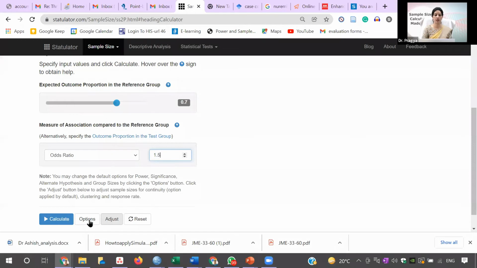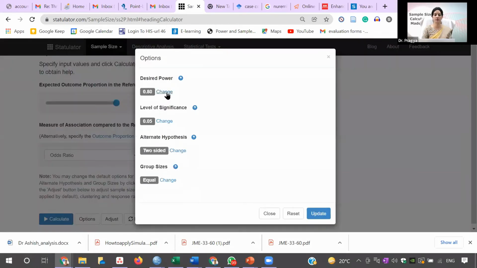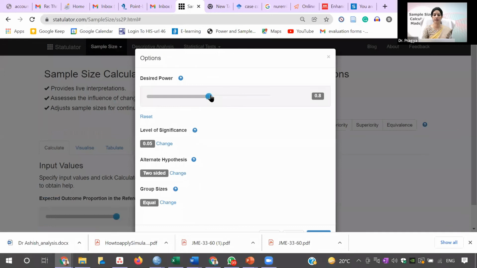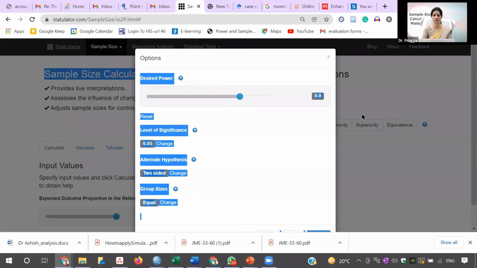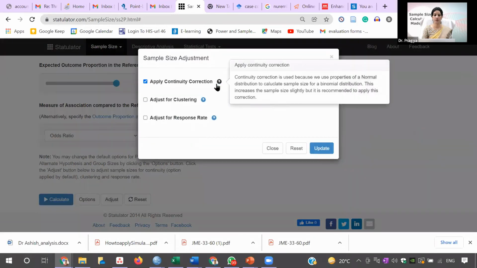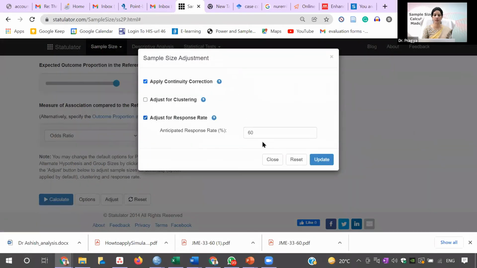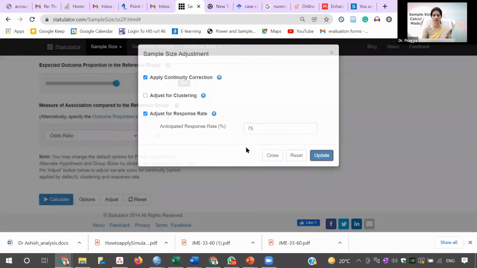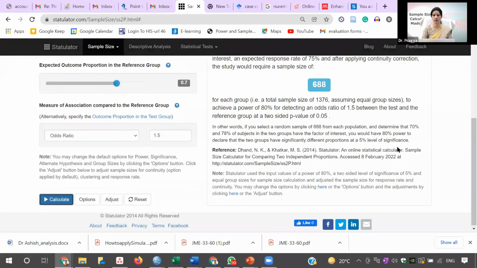And then I have to increase the power also. So I'll increase the power to 90, which I have done as 0.9. Group sizes are equal. And then adjustment, I'll do response rate. So response rate was 75%. So now update, and then I have to calculate.